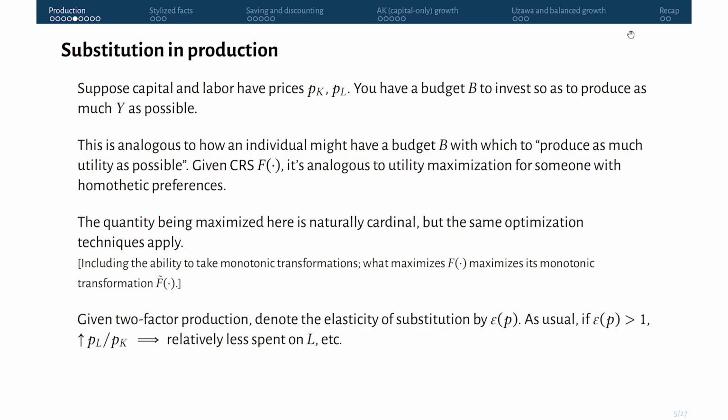So the factors are easy to substitute for one another. If the price of labor goes up, relatively speaking, the quantity that the firm will employ doesn't just fall, but it falls by a larger proportion than the price rose. And so the total amount spent on labor relative to capital falls.